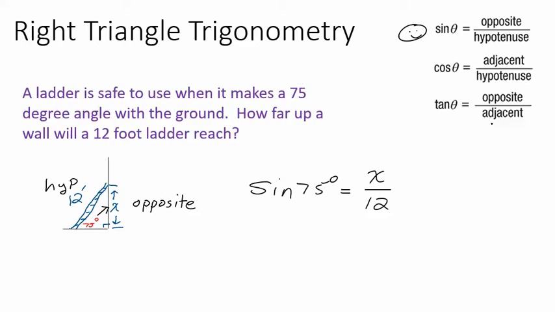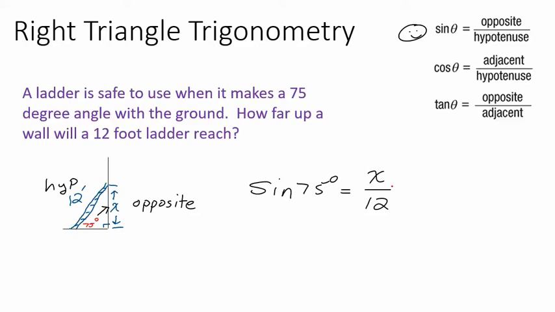Remember, all these formulas have three variables in them, two sides, and then the angle. And you're going to need to plug in two of those three things in order to figure out the other thing. Now you might be asking, what if I knew the two sides? Could I find the angle? The answer is yes. It's not going to be covered in this video, but it is something that you can do, and it's not that hard. Just a little button on your calculator, and you can figure out the angle if you needed to.